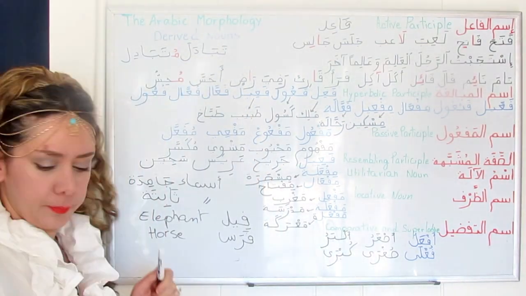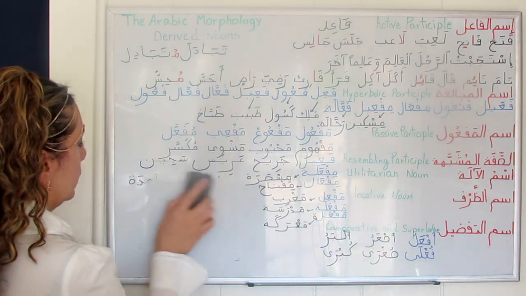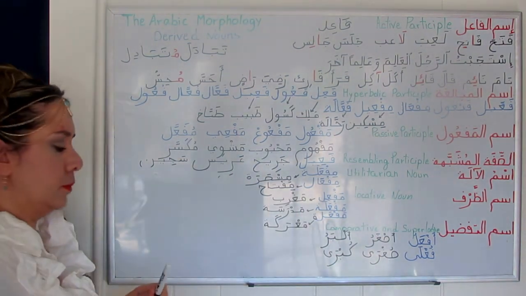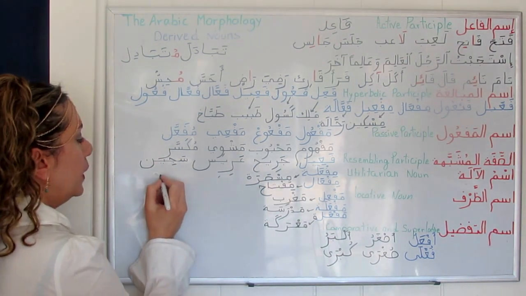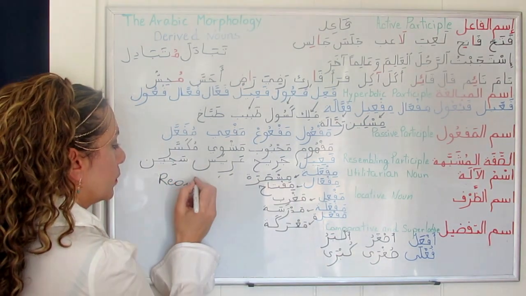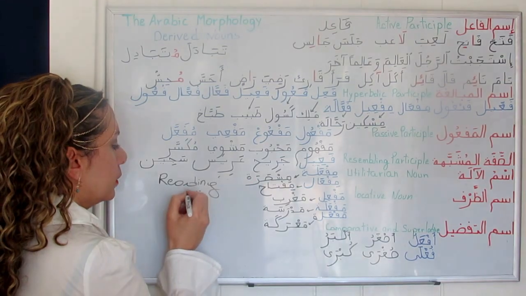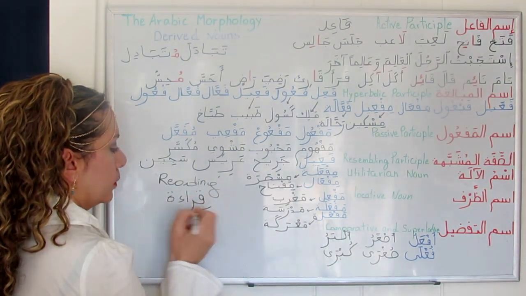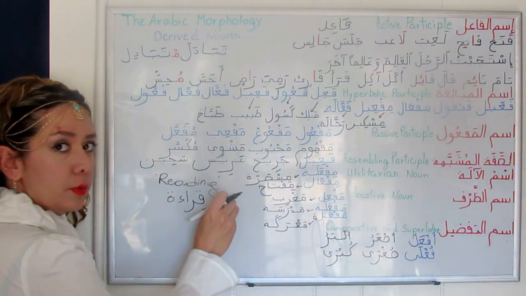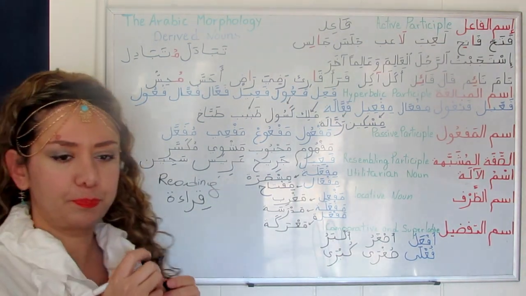For example, reading in Arabic, قراءة. This is a verbal noun, قراءة.